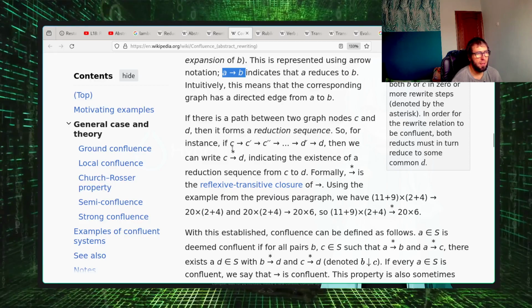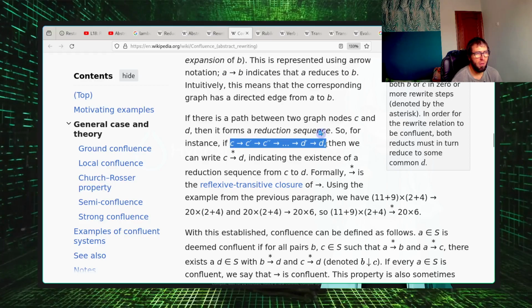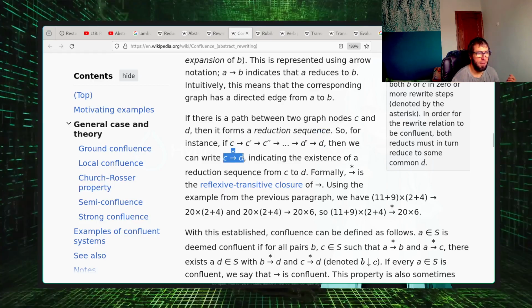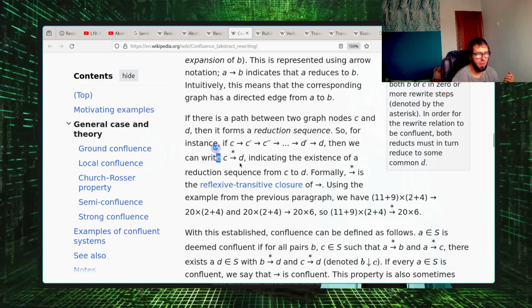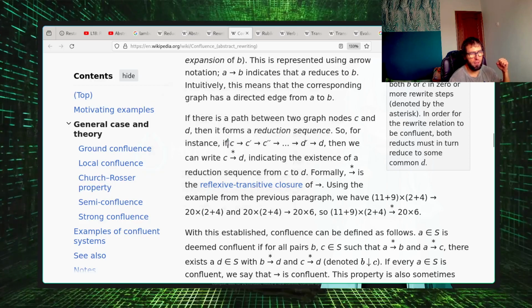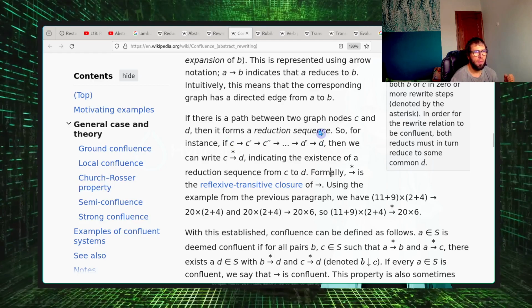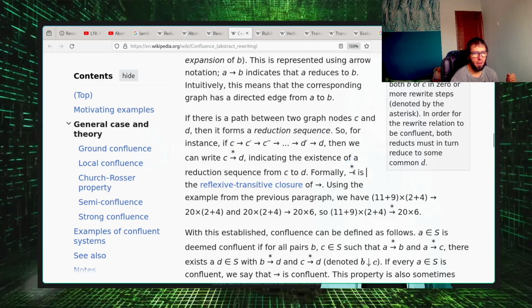So for instance, if we have this long path from C to D, we can express it by writing C reduced to D, but with a star above the arrow. It just indicates that there exists a reduction sequence along this path from C to D. Formally, this arrow with a star is expressed as the reflexive transitive closure of the arrow relation.